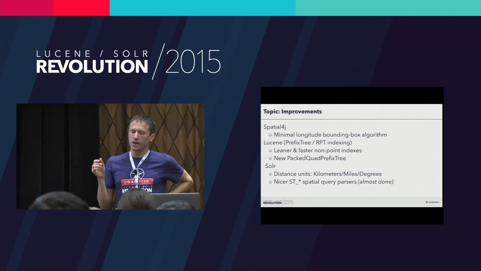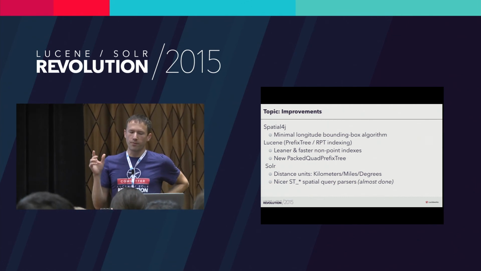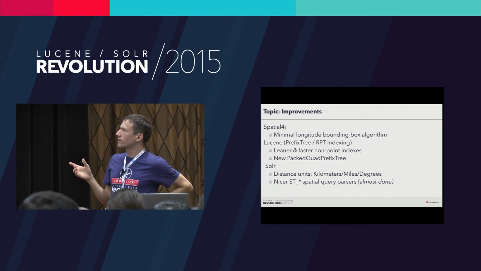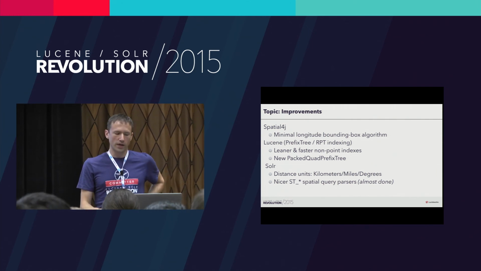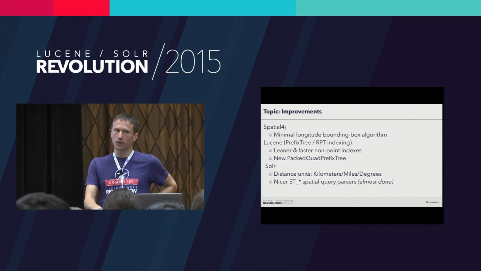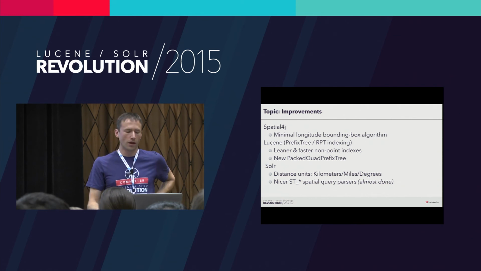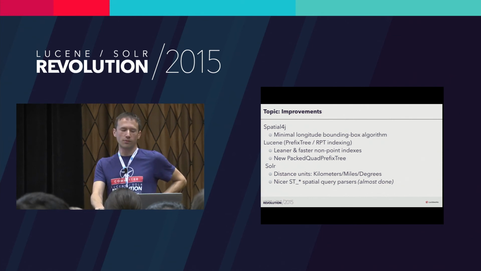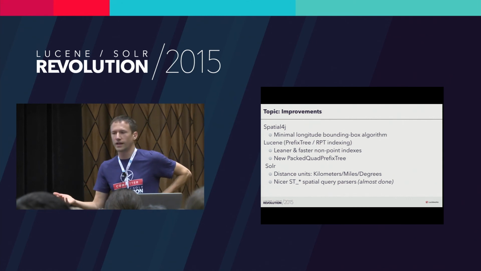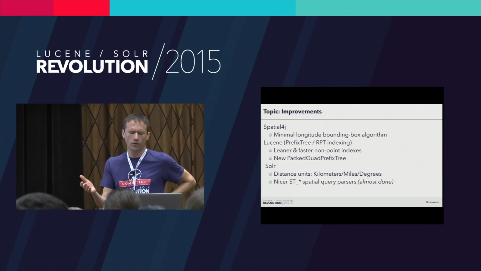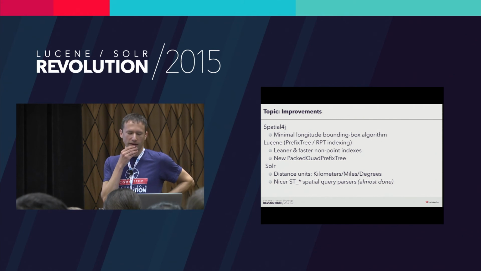Probably the biggest thing here that I think was awesome is that if you're storing non-point data into Solr, like polygons, et cetera, the indices are much smaller now. I think it was a 33% smaller index, and to my surprise, that resulted in 44% faster queries and 68% faster indexing.